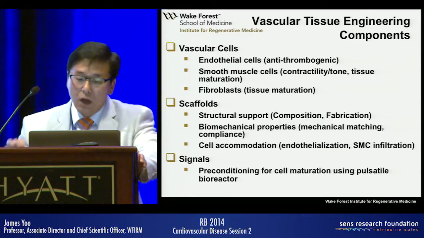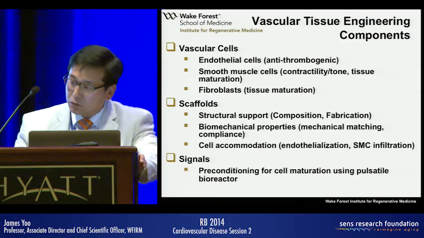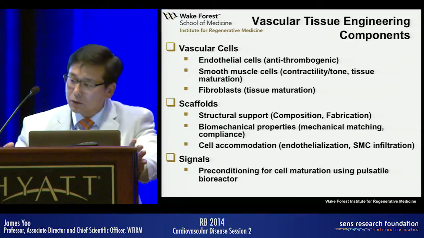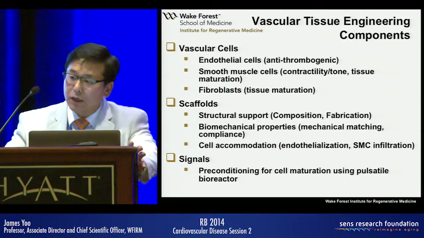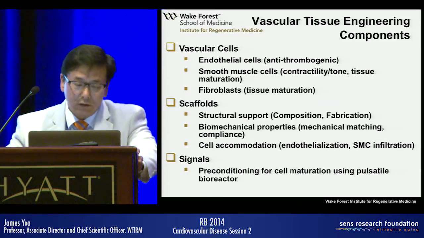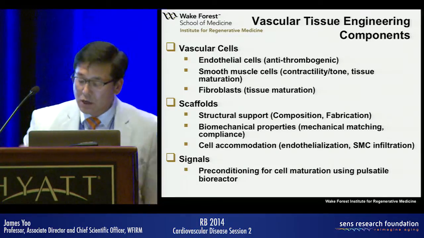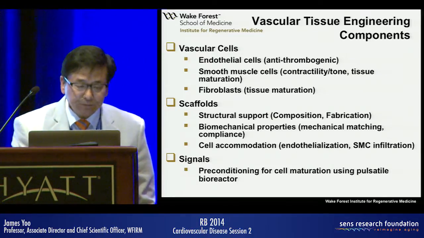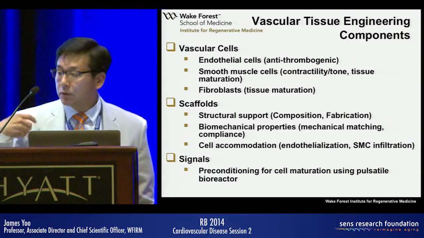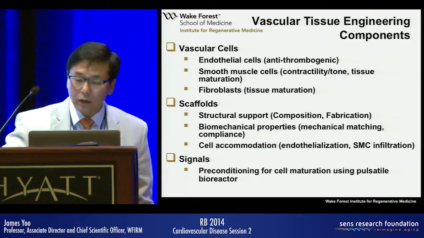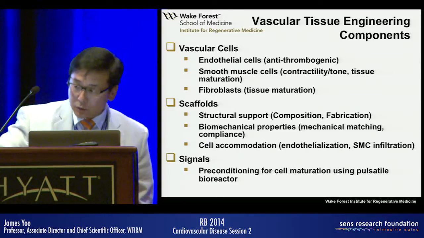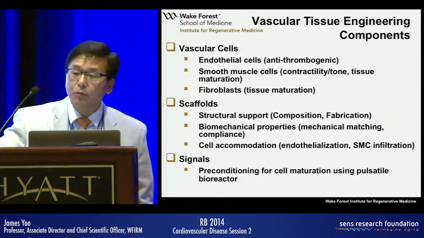They're very important because they prevent the blood from clotting or becoming thrombogenic. Smooth muscle is also important because it is involved in contractility of the vessel and eventually controls the volume. Those are the main cell types, and they can come from donor vessels, or from stem cells. So there are many sources from which you can obtain those cells.